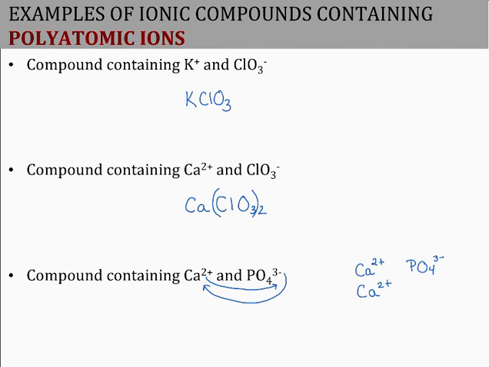But now we have an overall 4+ charge from our calcium ions and only a 3- charge from phosphate. So we need some more negative charges to balance the positive charges. But now we have too many negative charges. We have 6- overall and only 4+ overall. So we're going to add another calcium.